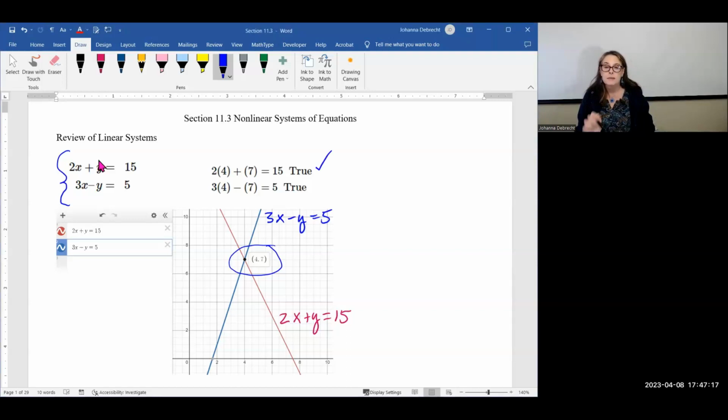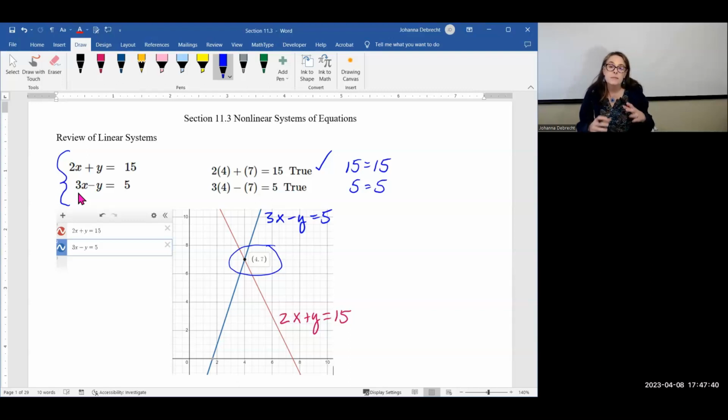So it's a true statement because 15 does equal 15. That's true. Now, if I look at the second equation here, 3x minus y equals 5, and I'm going to substitute 4 for x and 7 for y, I get 12 minus 7, which is 5, which is also a true statement because 5 does equal 5.